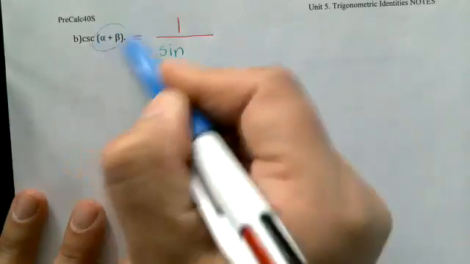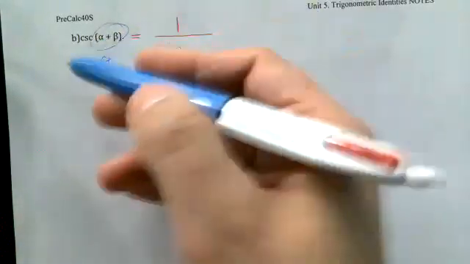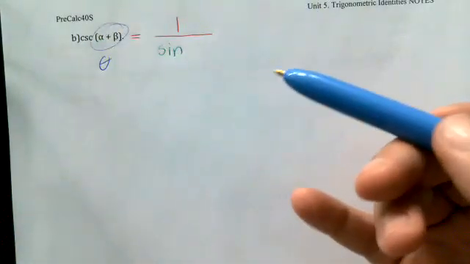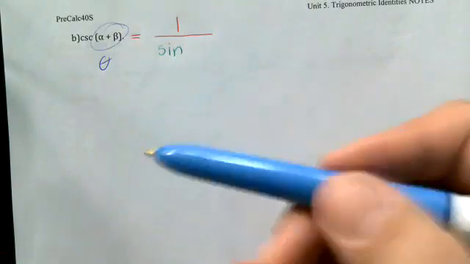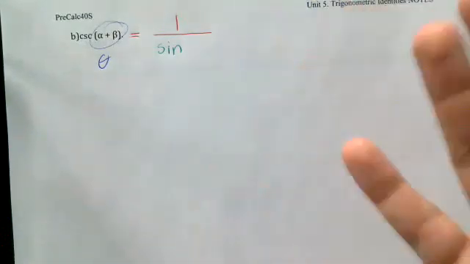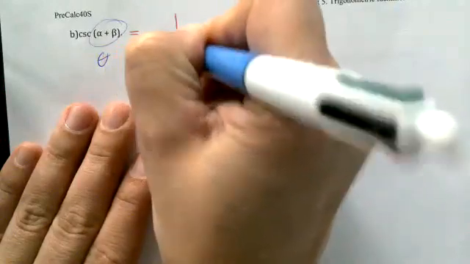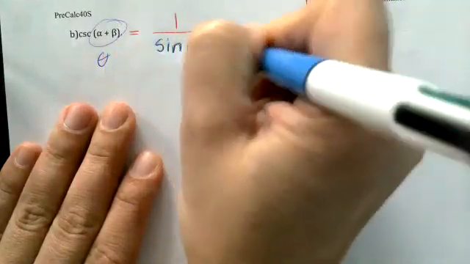Because this is just still an angle, right? If let's say angle theta is alpha plus beta, I could just replace it with another angle, whichever the sum it is. So just because I'm writing an angle as a sum, it doesn't mean it's not an actual angle there, okay? So it's 1 over sine of alpha plus beta.